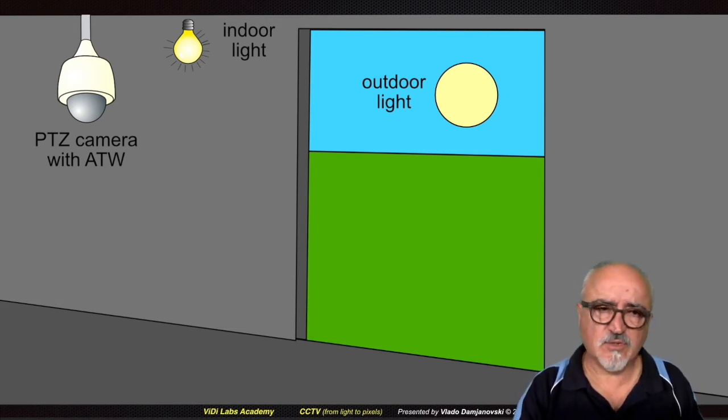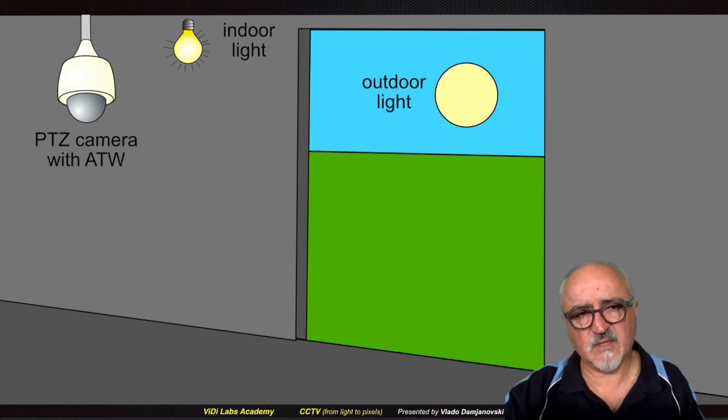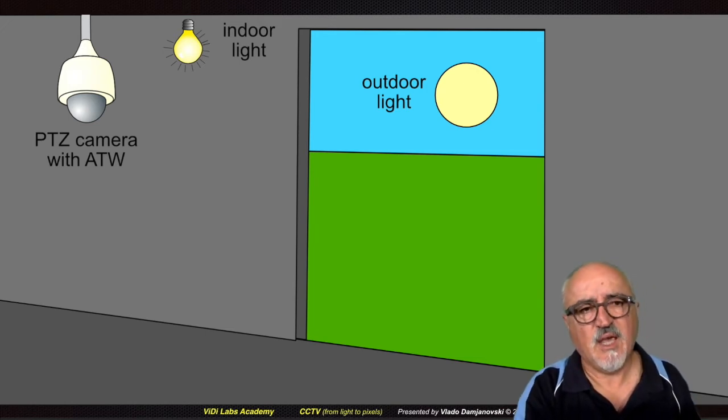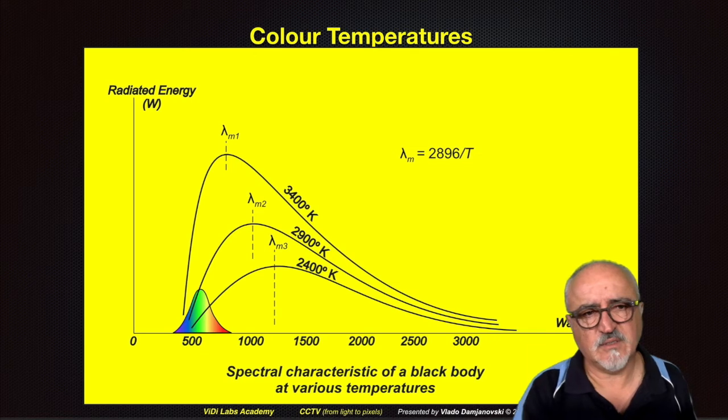It is a different source of light in that case to what was there while you're looking outside. And ATW will check again automatically as soon as the picture changes and readjusts its own white balance to reflect what is normal to the human eye when you're looking at a different color temperature source of light.